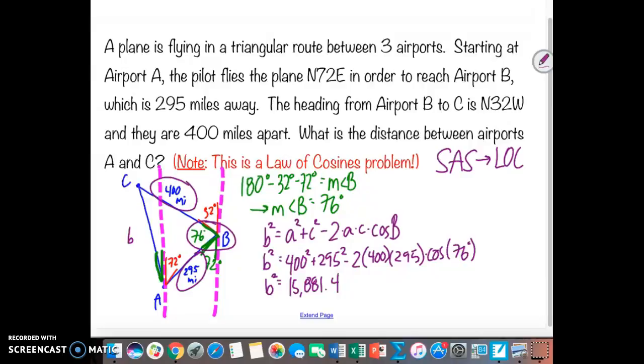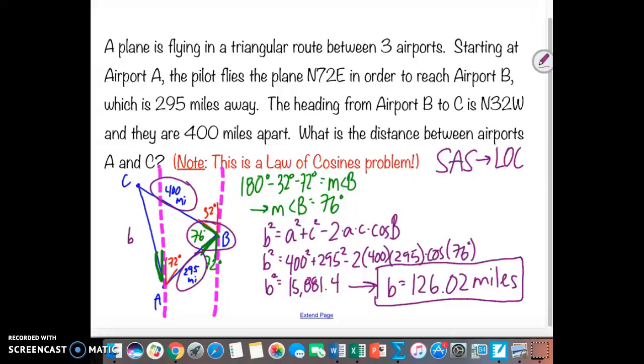So just taking the square root of both sides, we are left with b equals 126.02 miles. And this is our final answer. And just like we have been doing in the past, I would recommend rounding to 2 decimal places. So round to the hundredths place.